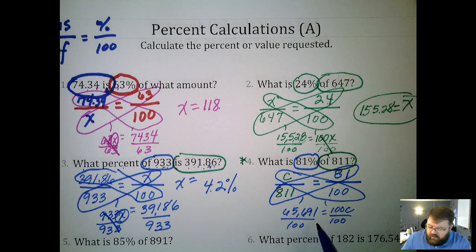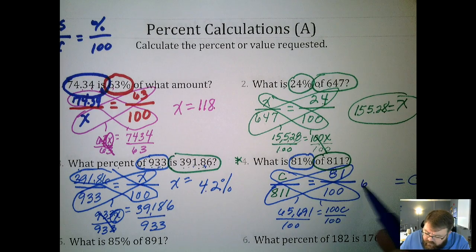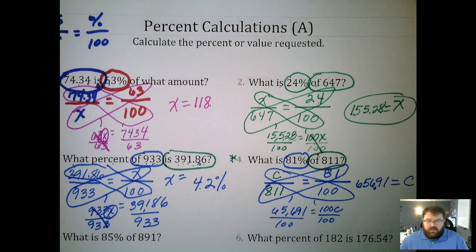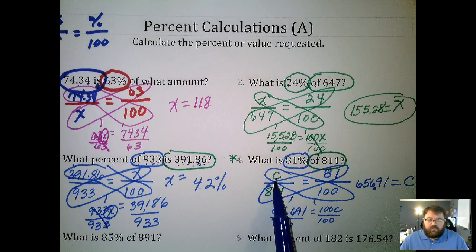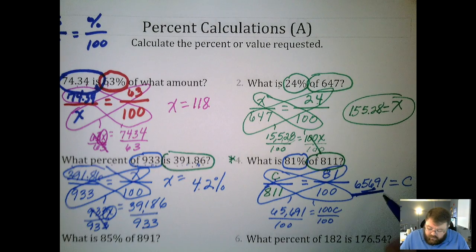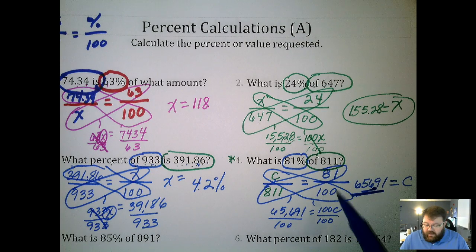Dividing by 100 would just move the decimal 2 places, so you're left with C equals 656.91. So 656 and 91 hundredths should have been the value here. What does it mean? It means that this number, 656 and 91 hundredths, is 81% of 811.